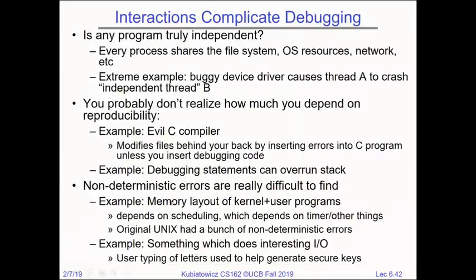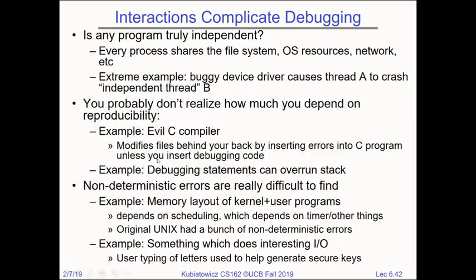An example might be a buggy device driver that causes thread A to crash, and independent thread B follows. I think one of my favorite examples is the evil C compiler example. I don't know if they give you this in any of the security classes, but the idea is it modifies files behind your back by inserting errors into the C program, unless you insert debugging code, and then it flips a switch and gives you correct code.